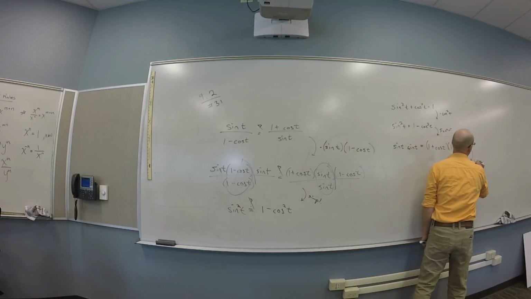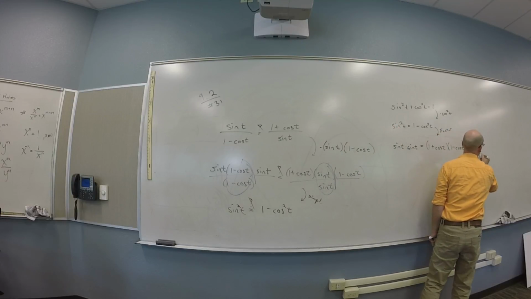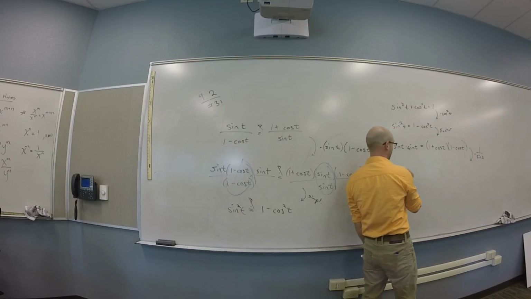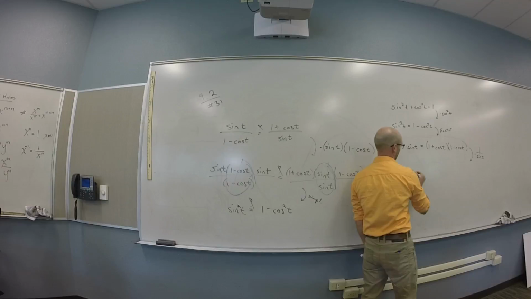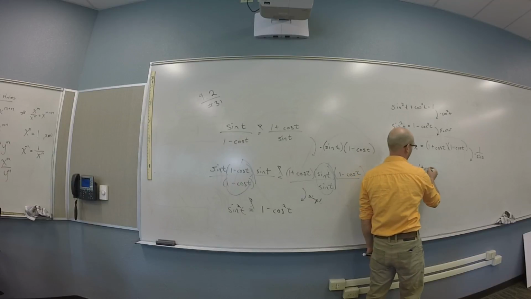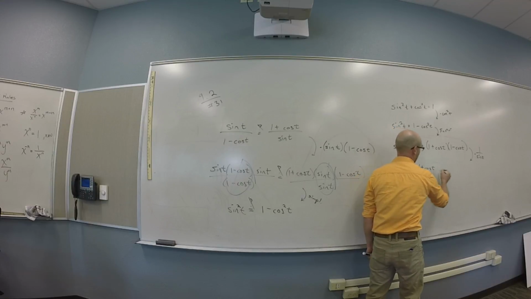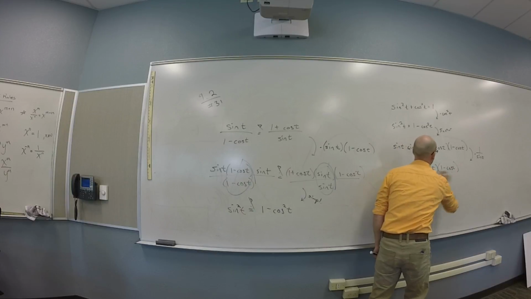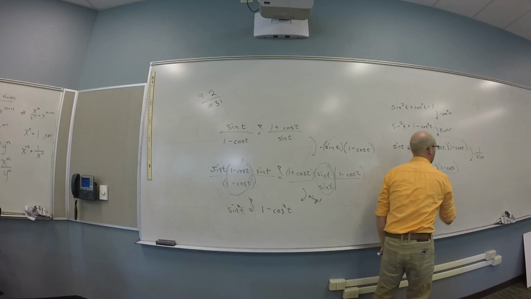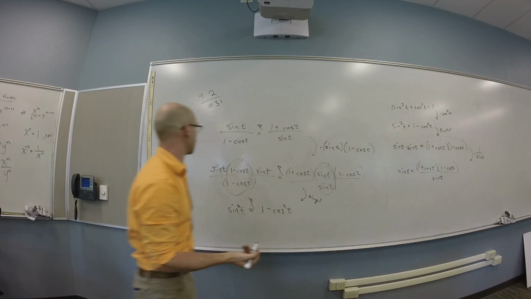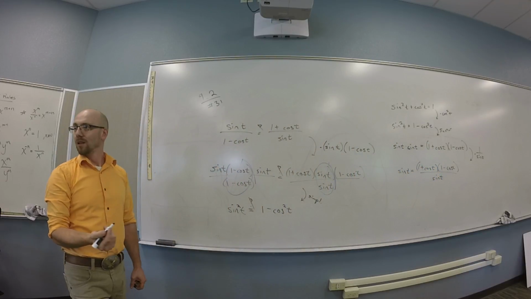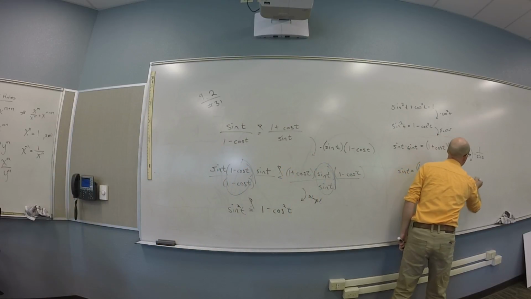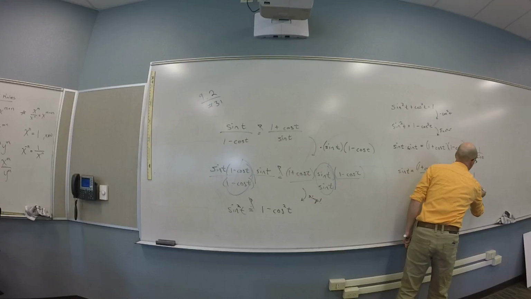So I definitely want to multiply both sides by 1 over sine t. So that'll get me sine t is 1 plus cosine t times 1 minus cosine t all over sine t. And then what else, which piece did I want on the bottom? 1 minus cosine t, so I take this whole thing and multiply by 1 over 1 minus cosine t.